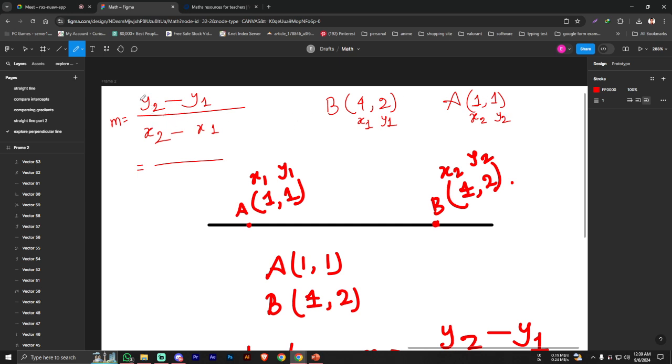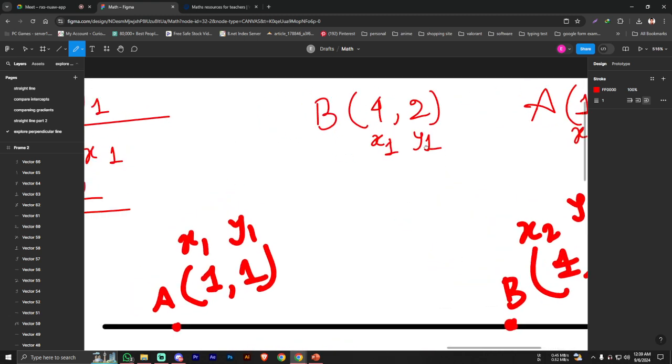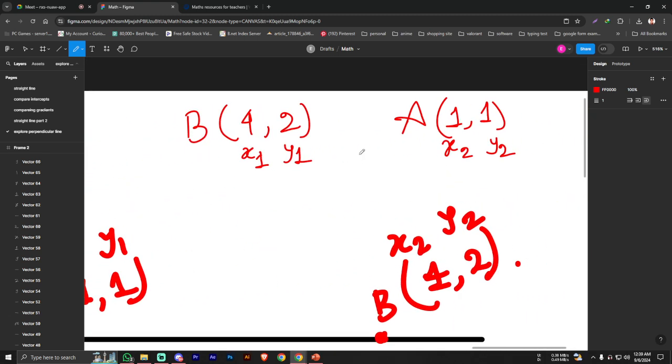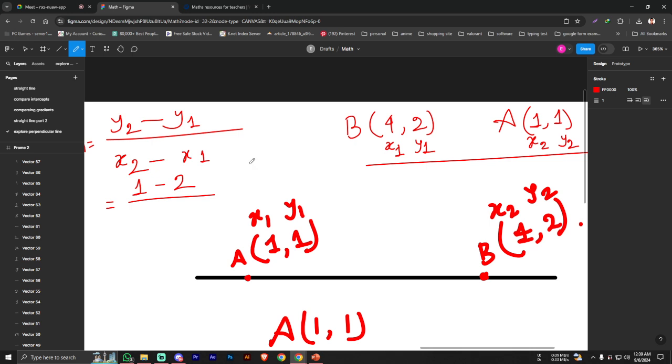If I put the values here again, same way. So y1 is where? y1 is 1, right? Oh, sorry, y2 is 1 and y1 is 2, right? It's really hard to get around your head. For that, you have to understand which one is y1 and y2. If you are clear in this part, you just have to put the values in the formula.